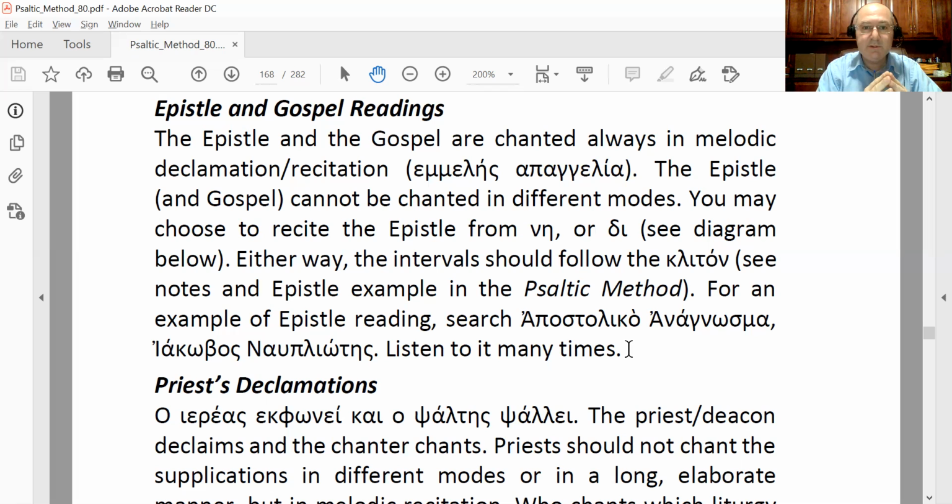And the final cadence is always going to be the same. That's the formula, okay? That's the same for the epistle and the gospel, and it doesn't change ever.